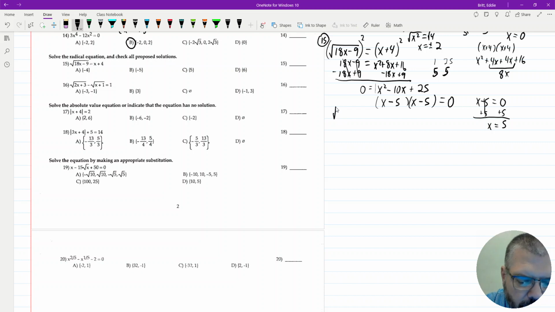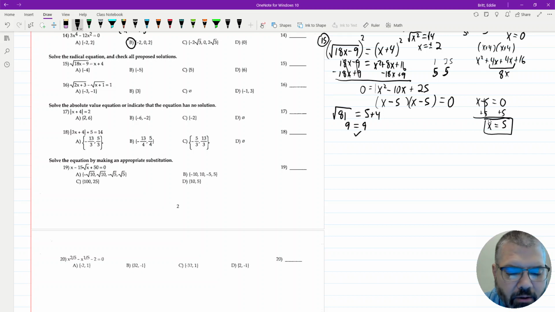So I'm going to have the square root of, I'm going to do this in my calculator, 18 times 5, and then minus 9 is 81. So that's the square root of 81 equals, now plug your 5 in for the x on the right side. That's 5 plus 4. The square root of 81 is 9. 9 equals 9. It checks out. Since it checked out, that is our solution.